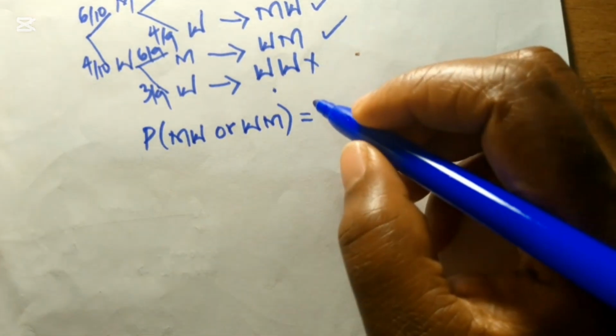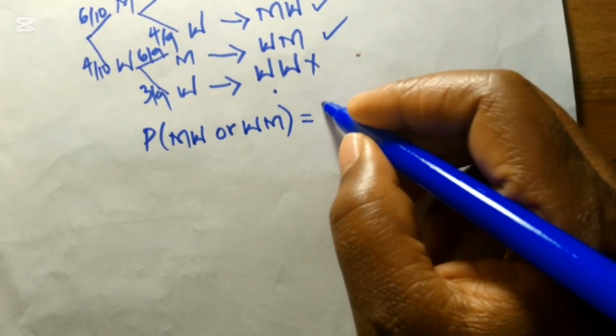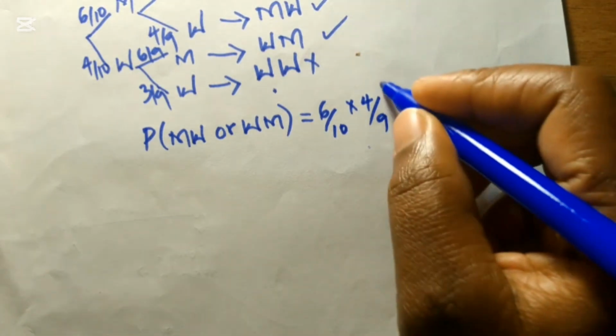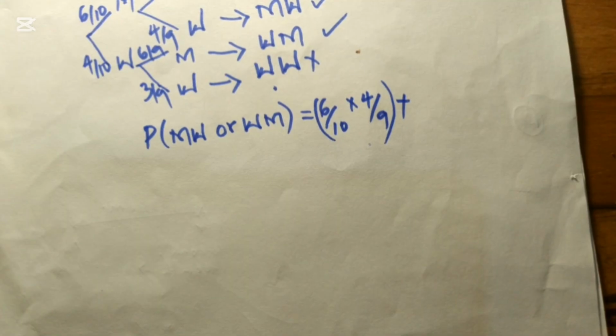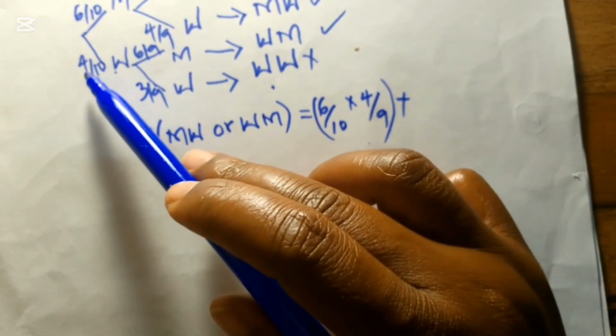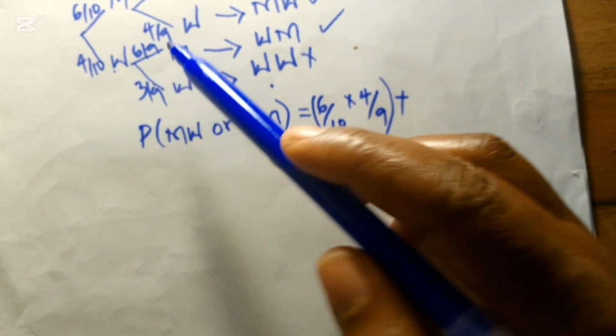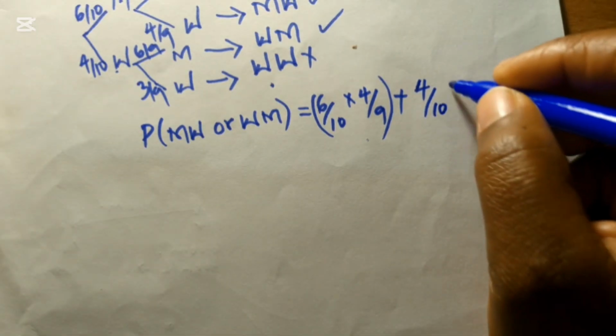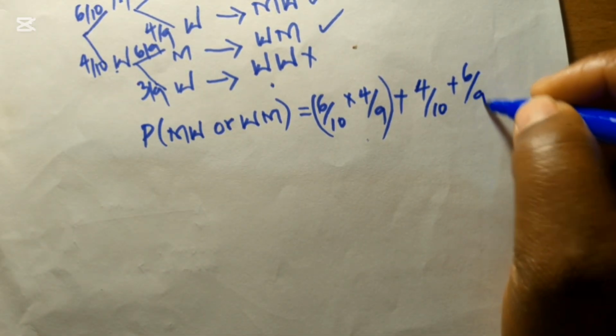So the probability of picking a man and a woman is 6 over 10 times 4 over 9. So 6 over 10 times 4 over 9, and close that in brackets, plus a woman and a man, 4 over 10 times 6 over 9.